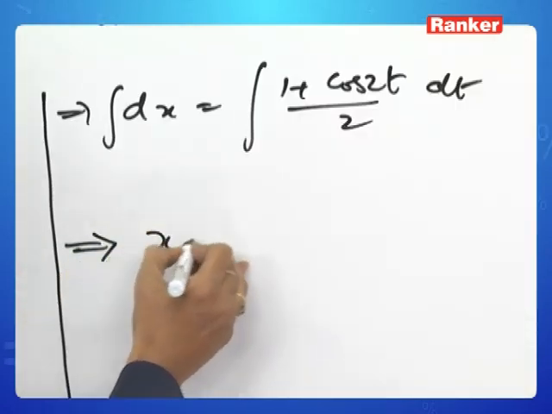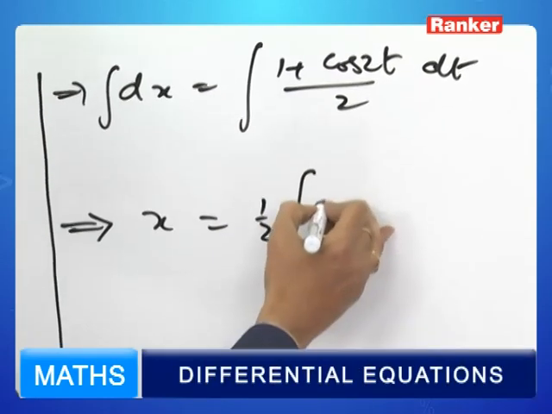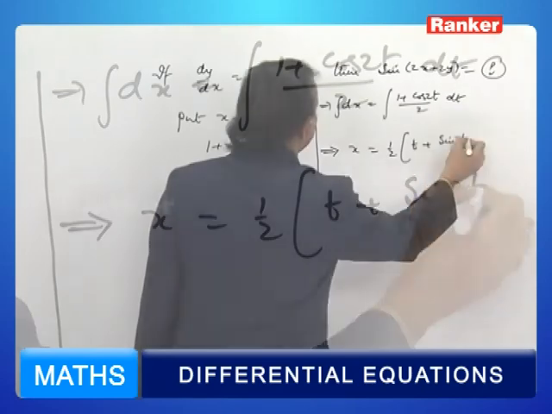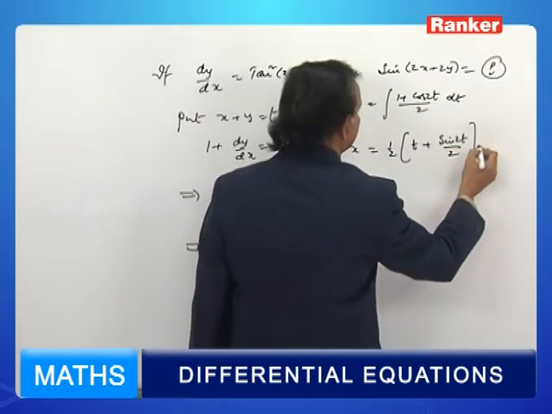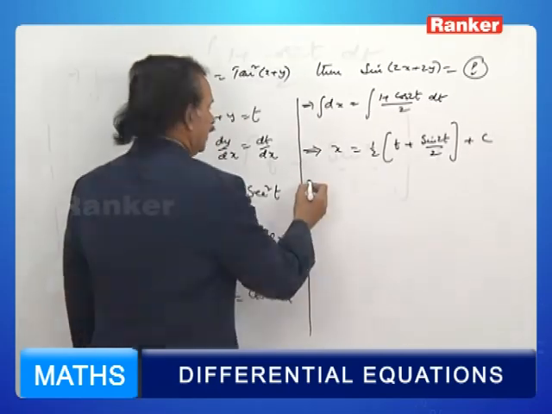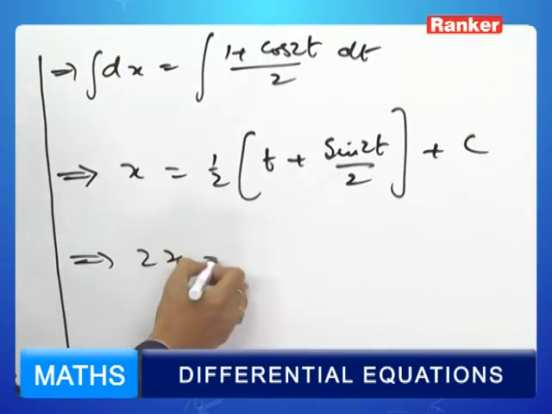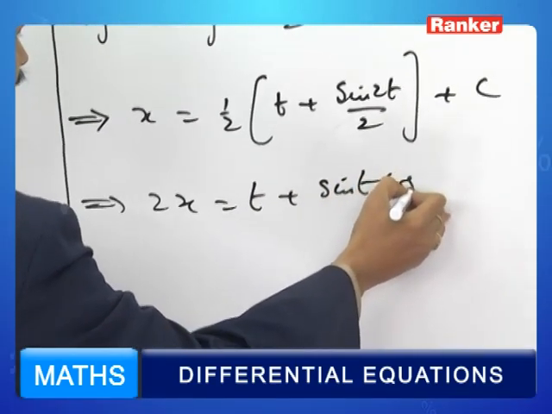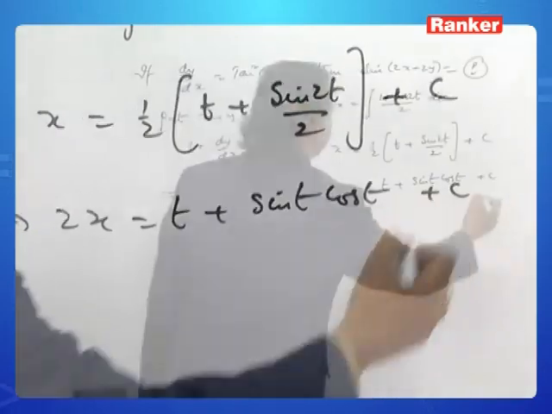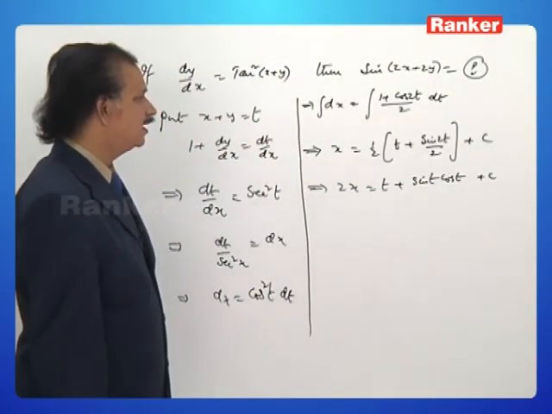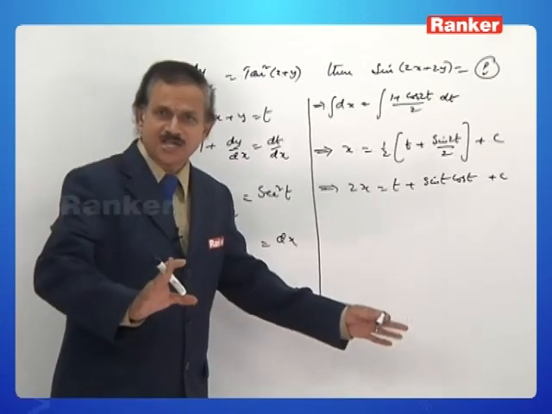This implies x is equal to half into (t plus sin 2t by 2) plus c. Implies 2x is equal to t plus sin t cos t. Am I right? Sin t cos t. Let us think of the question.